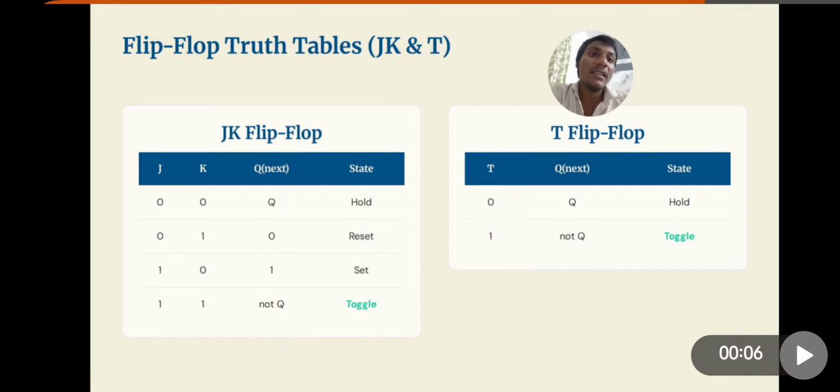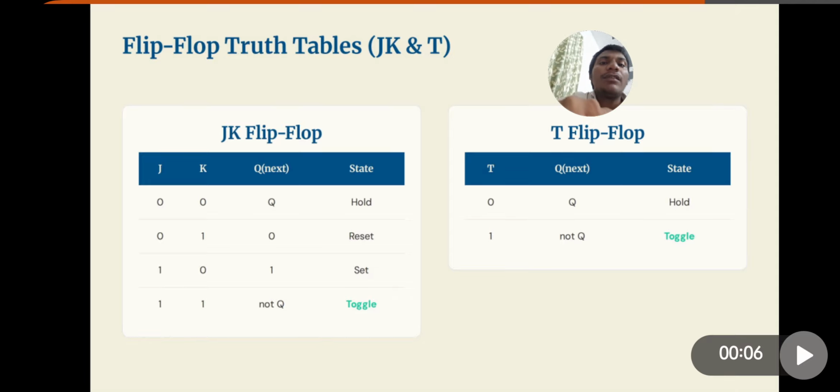Here we compare the JK and T flip flops. When J is 0 and K is 0, Q holds its value.